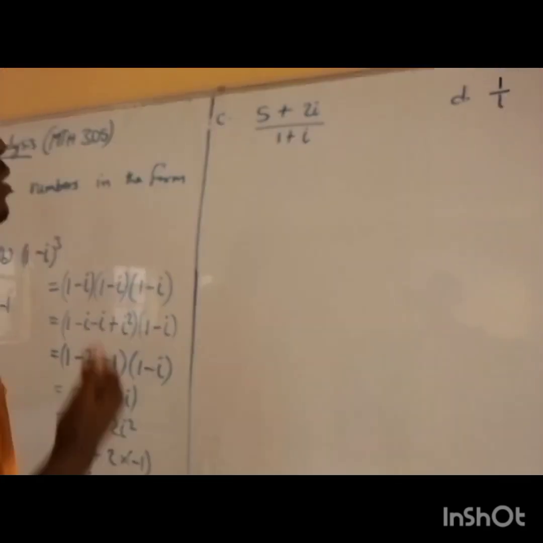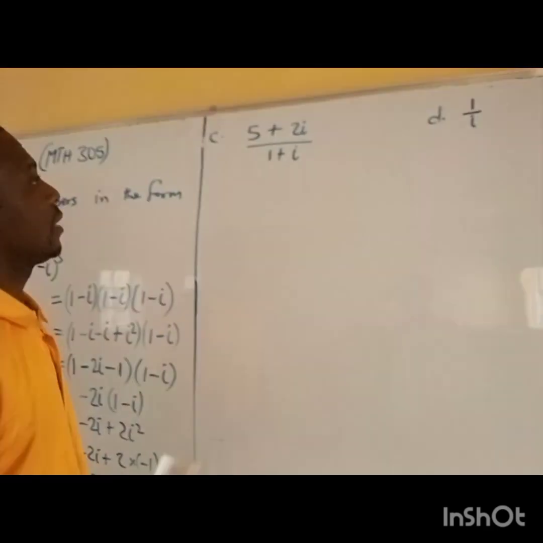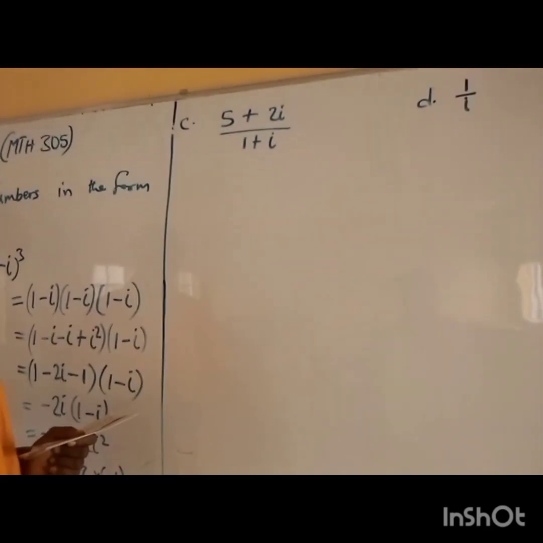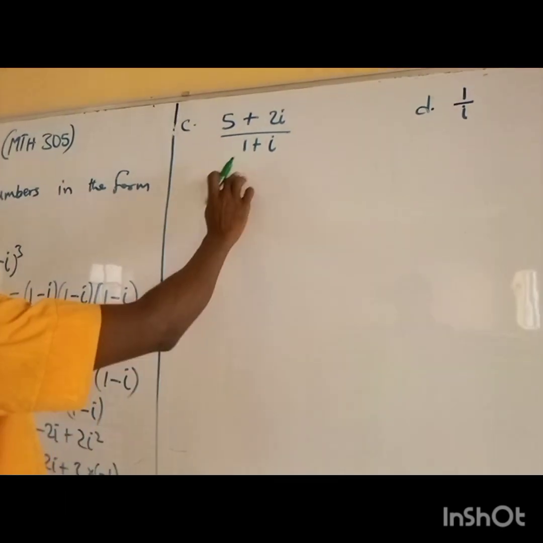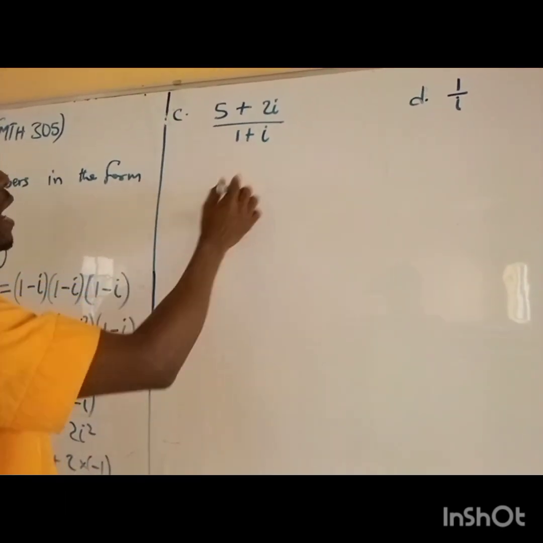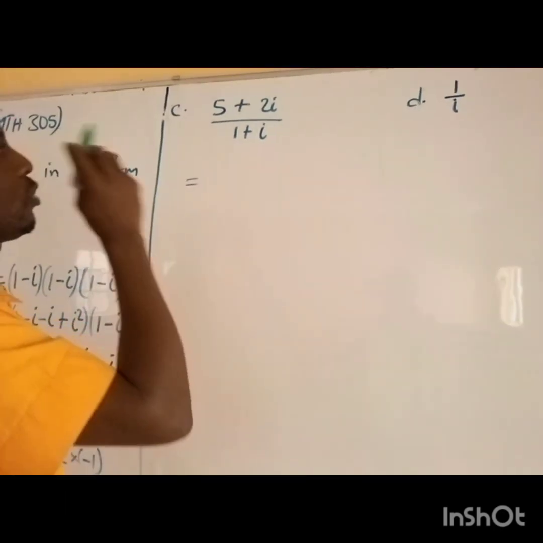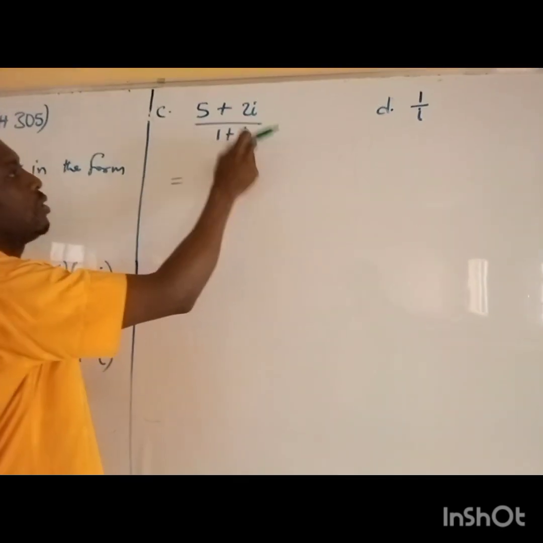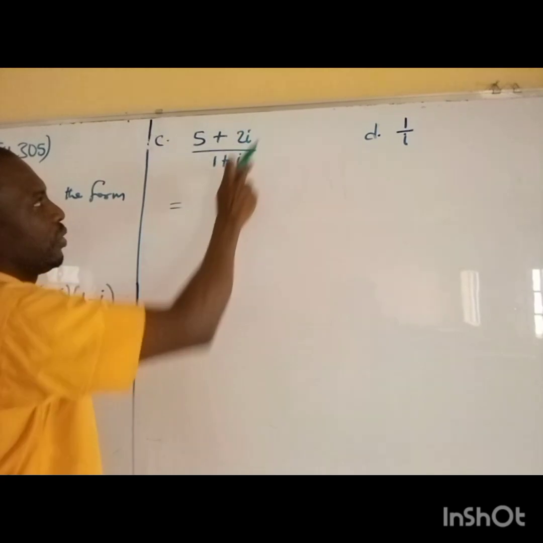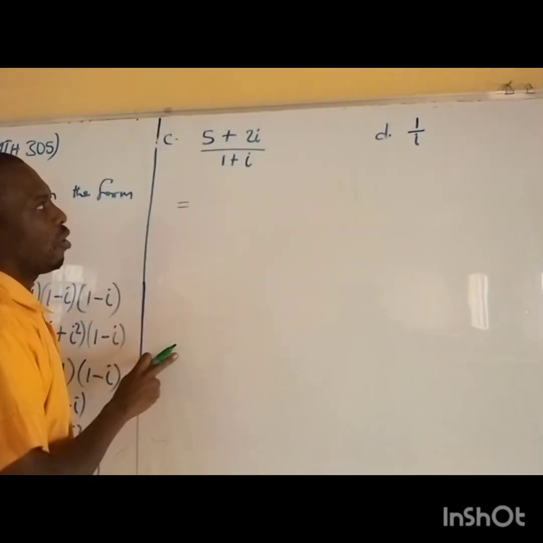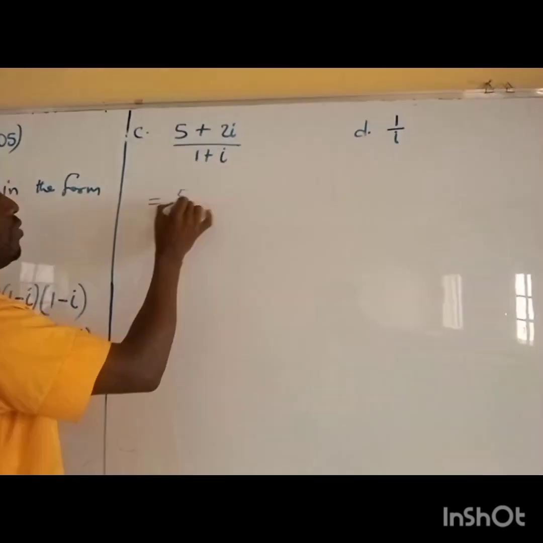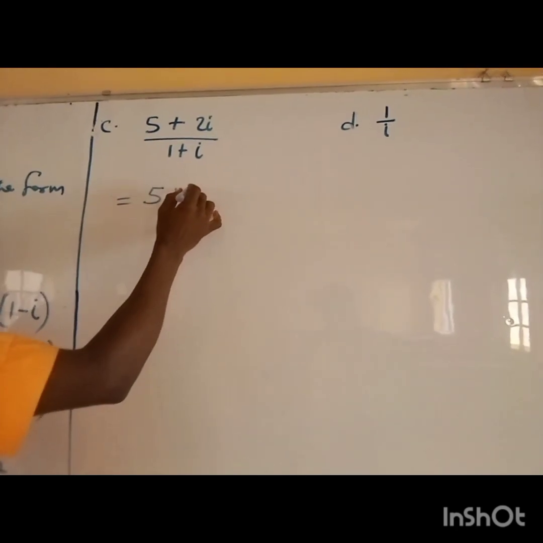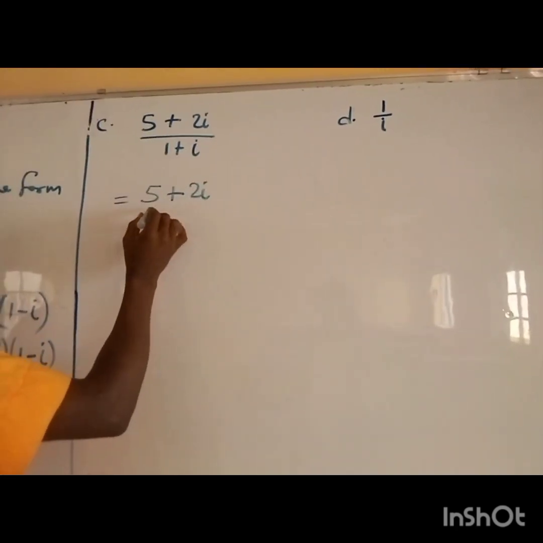Now, this is C. C says 5 plus 2i all over 1 plus i. Now, we solve this the way we solve surds. So we'll multiply both the denominator and the numerator by the conjugate form of the denominator, that is the negative form of it.